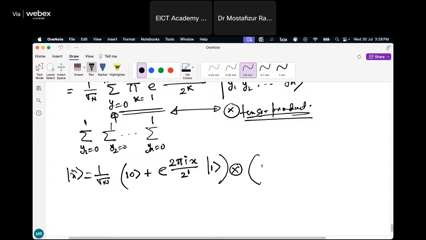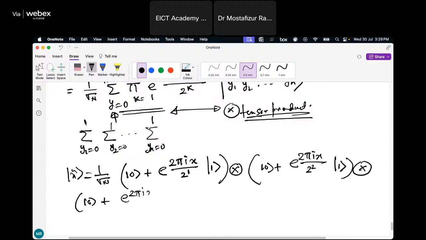Second part, |0> plus e to the power 2 pi i x 2 squared |1>, tensor product, dot dot dot. Let's write the third part, tensor product |0> plus e to the power 2 pi i x 2 to the power 3 |1>, tensor product.